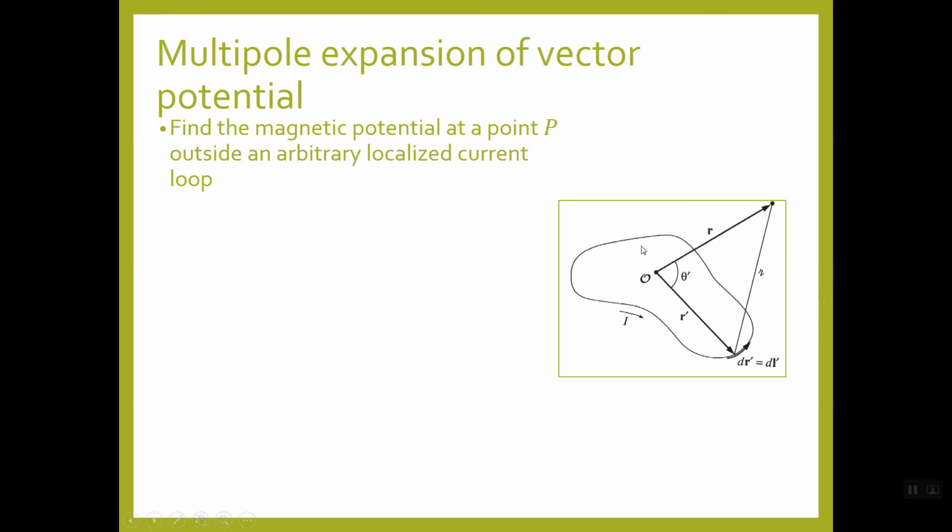Here's our loop of current I, here's our origin, here's our point P, and this is our separation vector R. In the Coulomb gauge, our magnetic vector potential is mu naught over 4 pi integral 1 over r j d tau, and we can write that in terms of the current I dl prime.